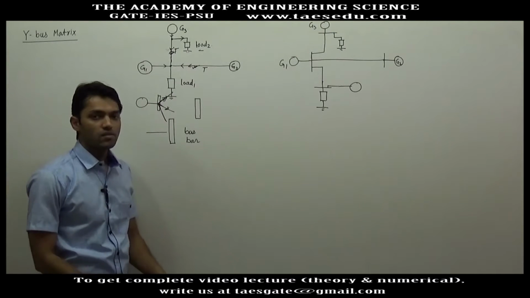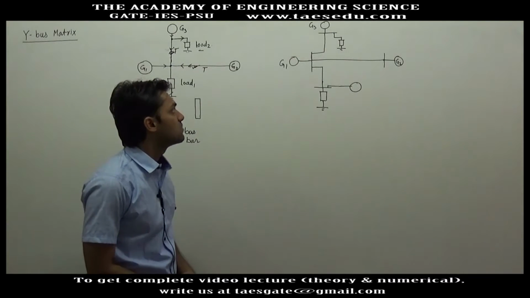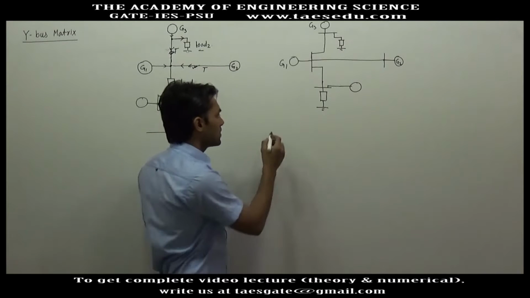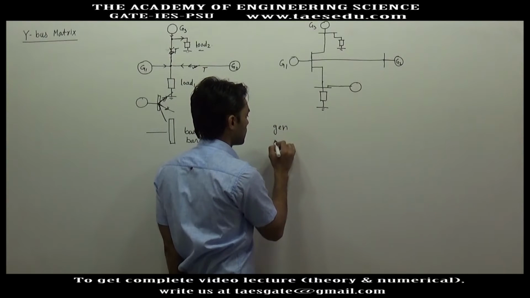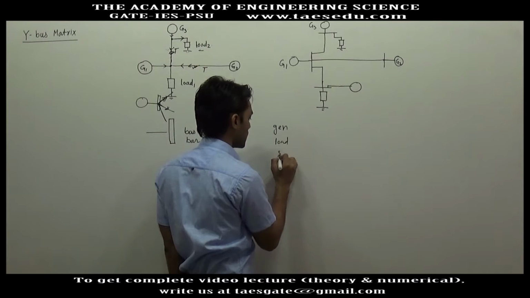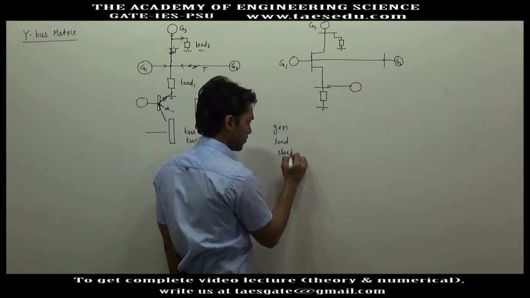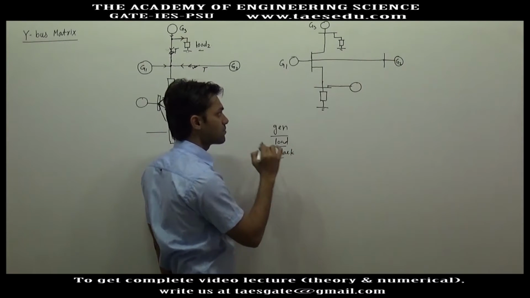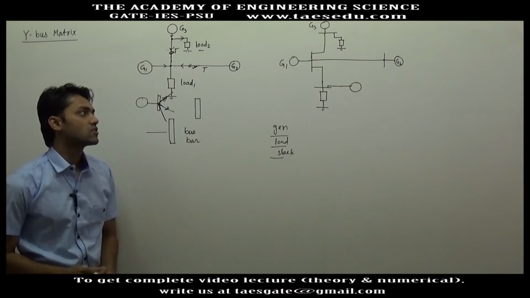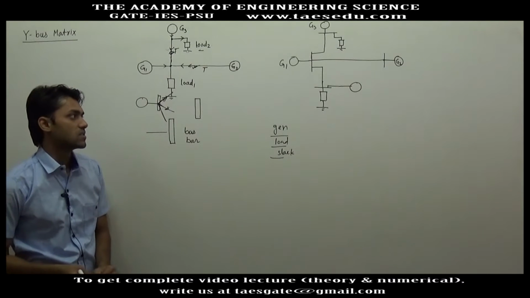Okay, so we will say in a power system there are many buses. The bus may be a generator bus, load bus, or slack bus. We will study these types of buses in load flows.